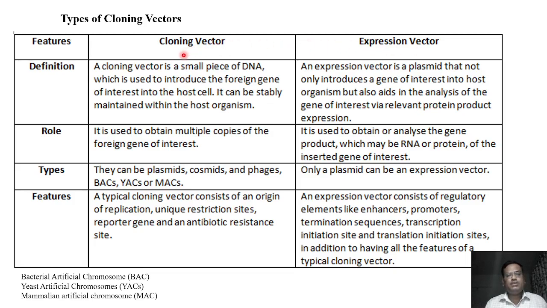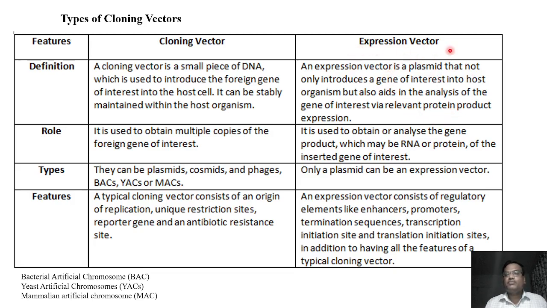Here the gene which we have transferred is going to copy itself, so we are going to get multiple copies of the gene. But here, from the gene which we have inserted, we are going to obtain the product of that gene. Which type of enzyme or protein is going to be produced will be of interest here.